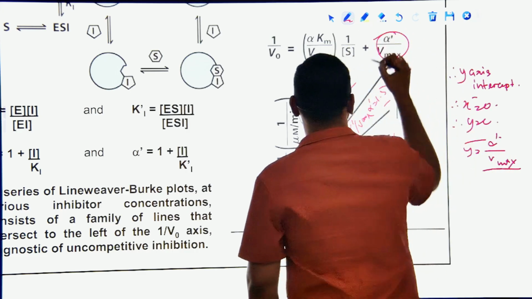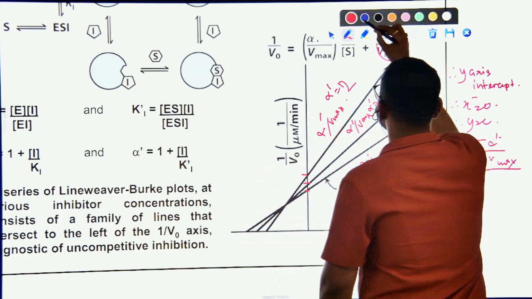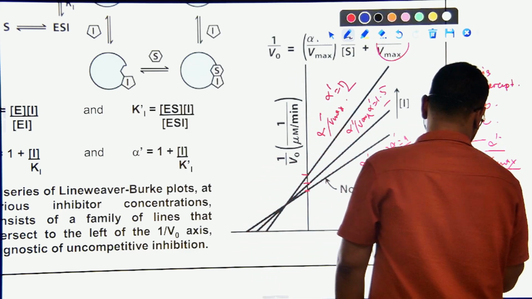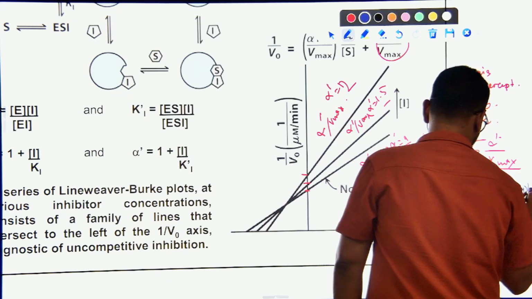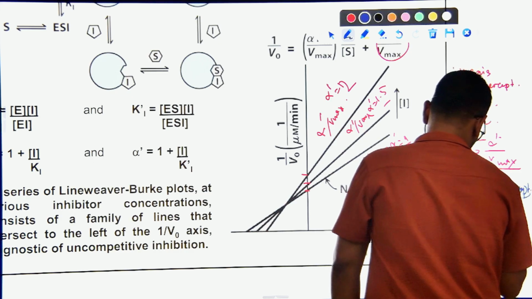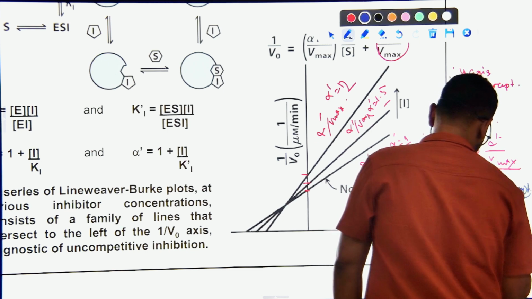Coming to our x-axis intercept, that means y equals 0. Therefore, x equals minus c by m.